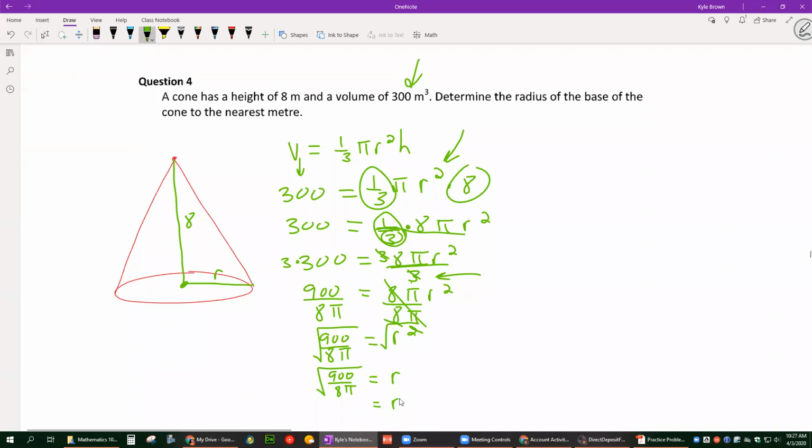So r would be equal to whatever that is. Square root of 900 divided by 8 times pi equals, and I get 5.98. So really, I'll round that up to 6.